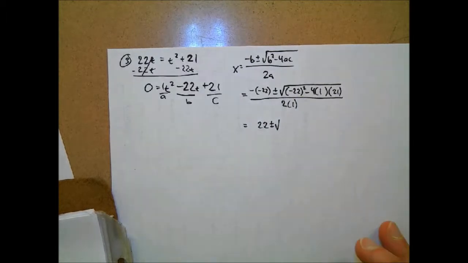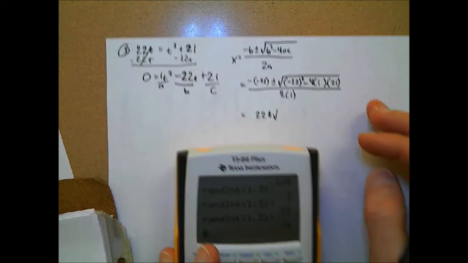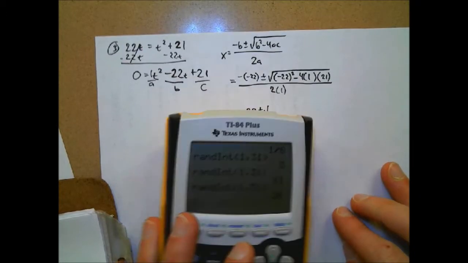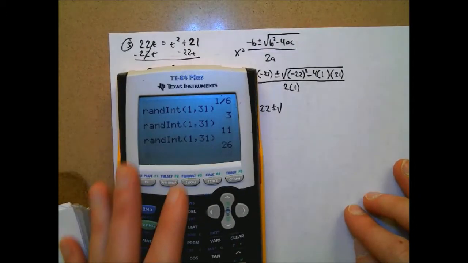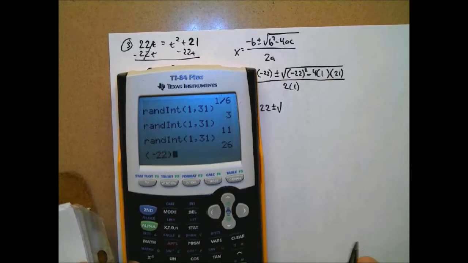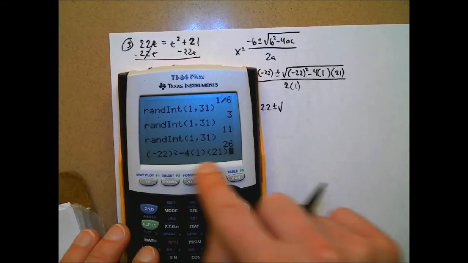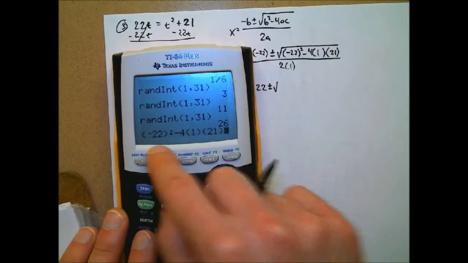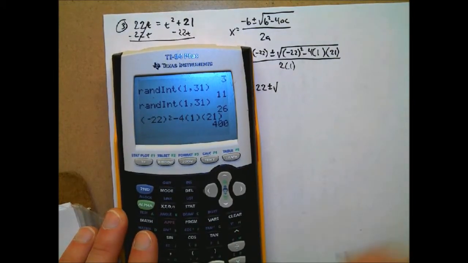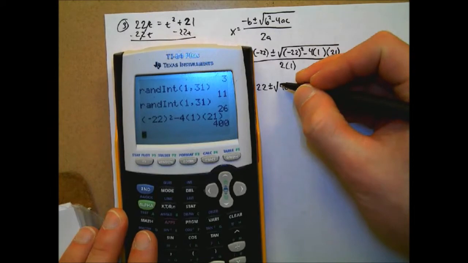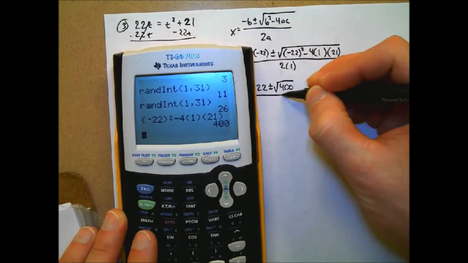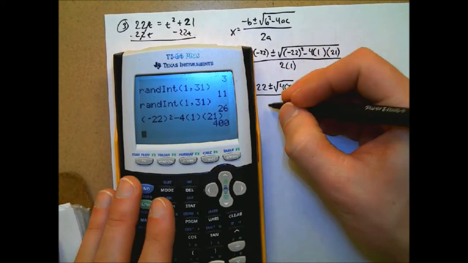I'm going to leave my square root and just type in what I see: in parentheses, negative 22 squared minus 4 times 1 times 21. There's my discriminant. Notice no square root. I get 400 in there, all over 2 times 1, 2.